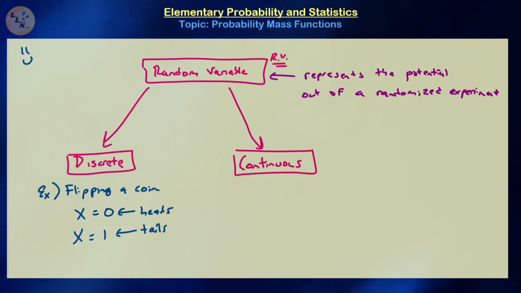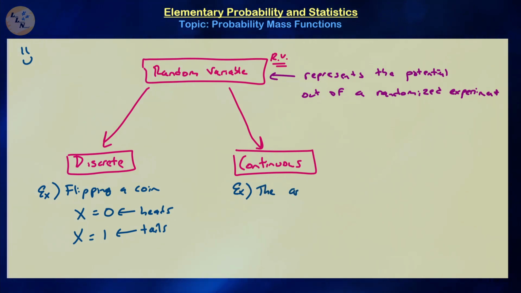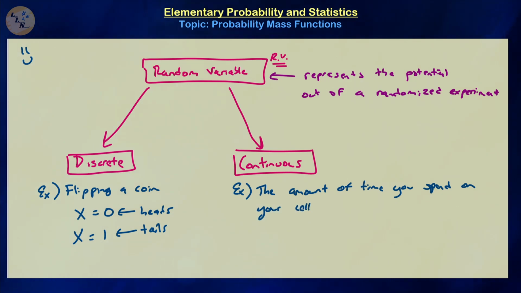Now in terms of continuous, you have a bit of a different type of variable to work with here. So for example, this could be the amount of time you spend on your cell phone every single day.